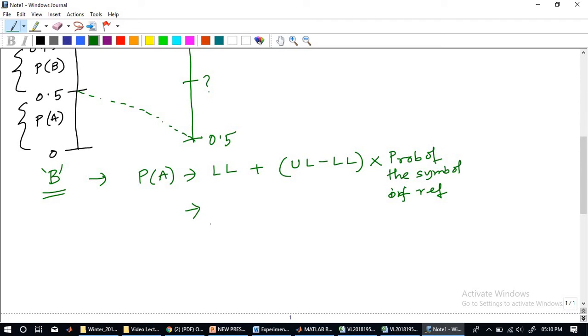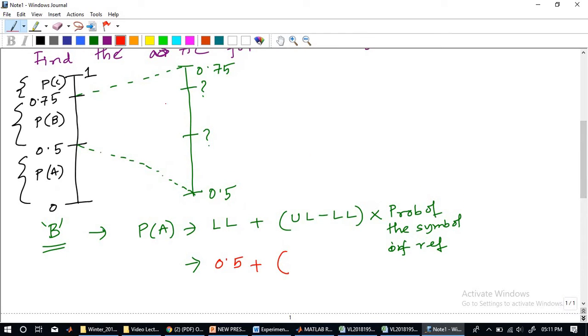So when you are calculating P of A, your lower limit is 0.5. So we will take 0.5 plus your upper minus lower limit. What is the value? 0.5 and 0.75. So your upper minus lower value is 0.75 minus 0.5. This is multiplied by the probability of the symbol of reference.